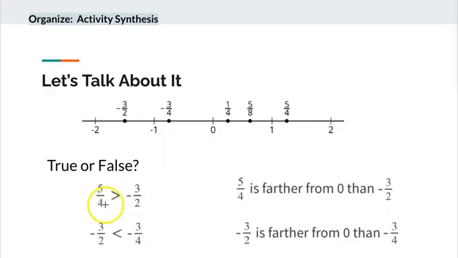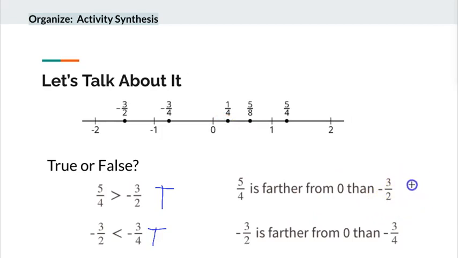So if we look here, we've got 5/4 greater than negative 3/2. Is that true? Oh yeah, because negative 3/2 is to the left of 5/4. What about is negative 3/2 less than negative 3/4? Again, it's to the left. So yes, this one is true as well. 5/4 is farther from 0 than negative 3/2.